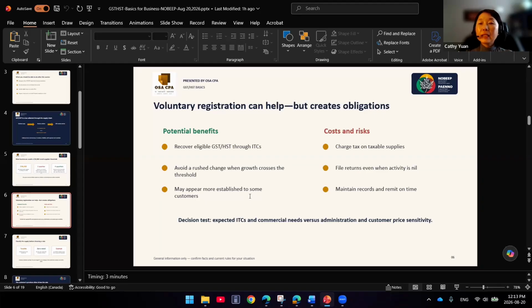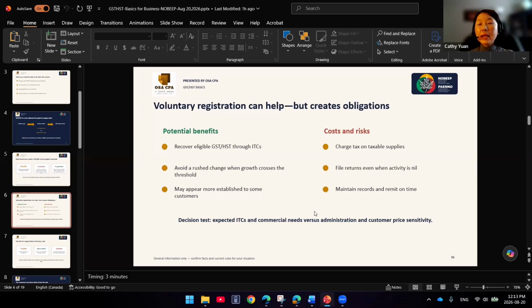The other thing that is very important is that even though your business hasn't got revenue, didn't issue invoices, and all the activity is new, you still have to file the tax return.